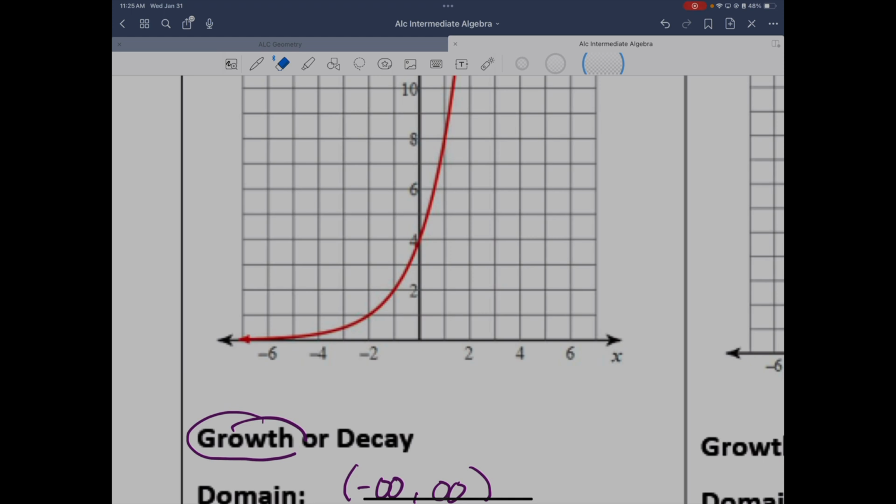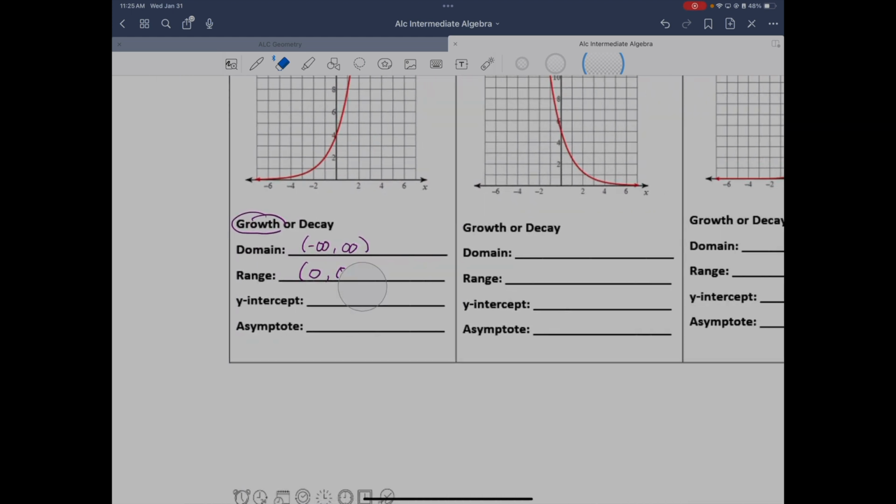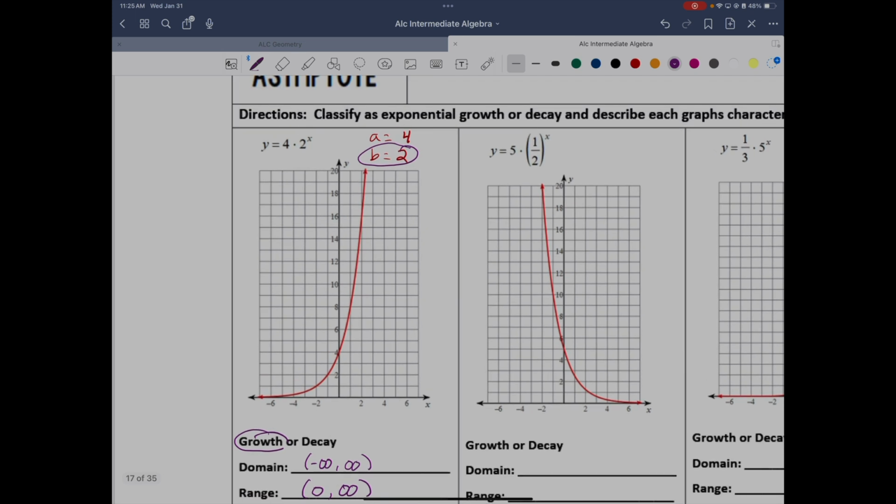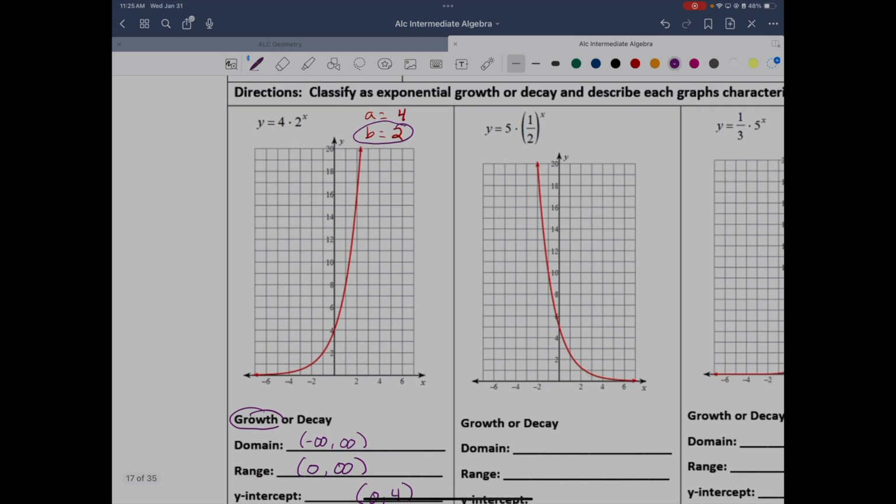If you look at where our graph intersects that, it's at the point 0 left and right and up 4. So the y-intercept for these today, you're just going to be able to look at. In this case, it's (0, 4). But if they're in this form, that's always going to be your A value. But today you get to look at them.